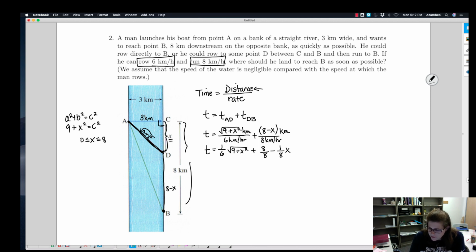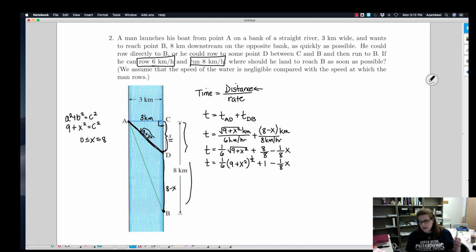Last simplification, I'm going to write it in a form we can take the derivative: 1/6 times (9 plus x squared) to the 1/2 power, plus 1 minus 1/8 x.